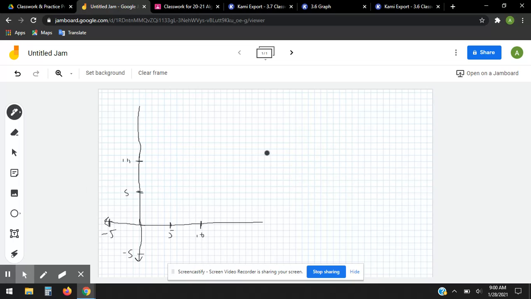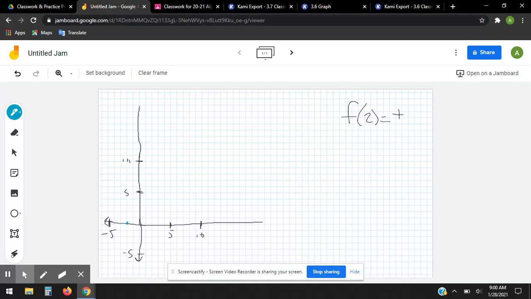F of 2 is positive. So I'm just going to write that over here. It's a positive. F of negative 2 equals 0. Well, I can go ahead and plot that one on here. So f of negative 2 is 0. Let's just put it right on there already.